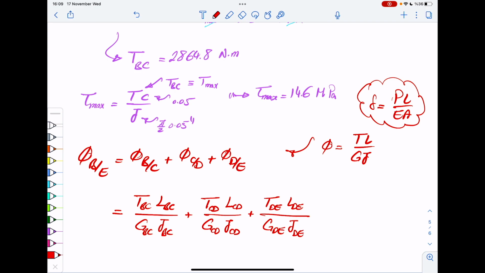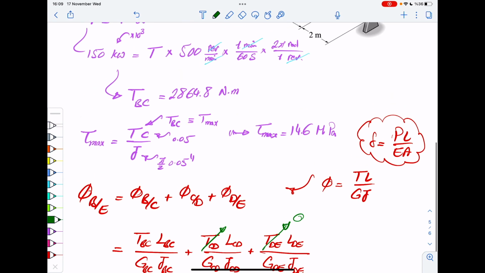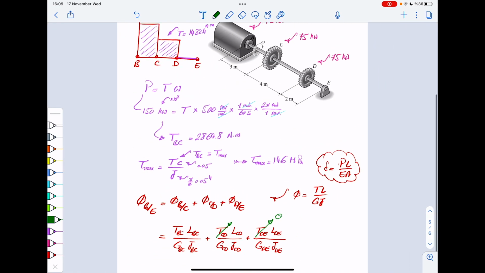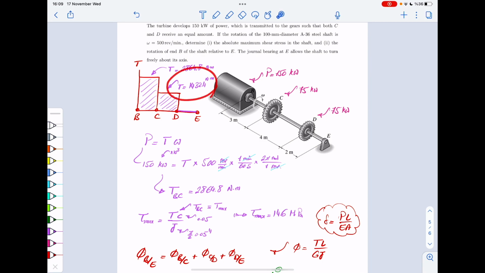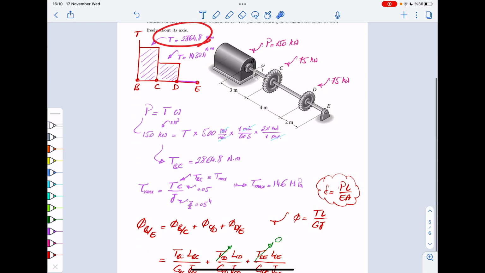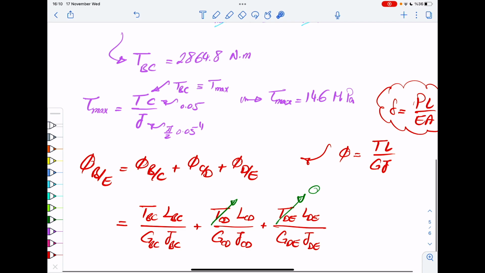Okay, so what are these numbers? Between D and E, T is 0. Between C and D, we have it up here in the graph, and between B and C, we also have it. So we just insert those numbers. That's 2,864.8. That's 1,432.4.